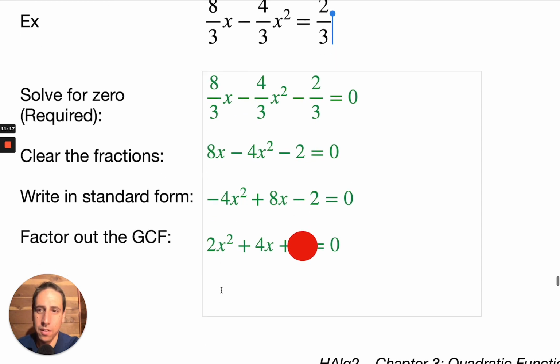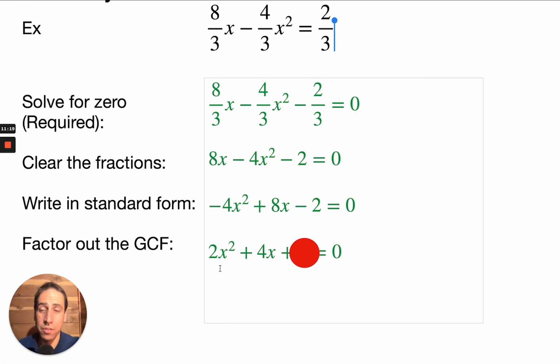And then one more thing that you can do if you want, good studentship but not required mathematically, is that you could factor out the greatest common factor. The numbers are kind of high here compared to what you could do if you divided all the terms on both sides by 2, or even by negative 2.